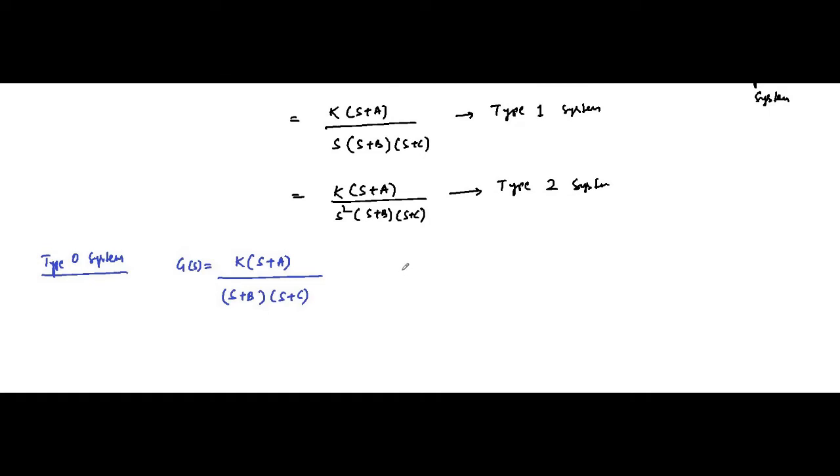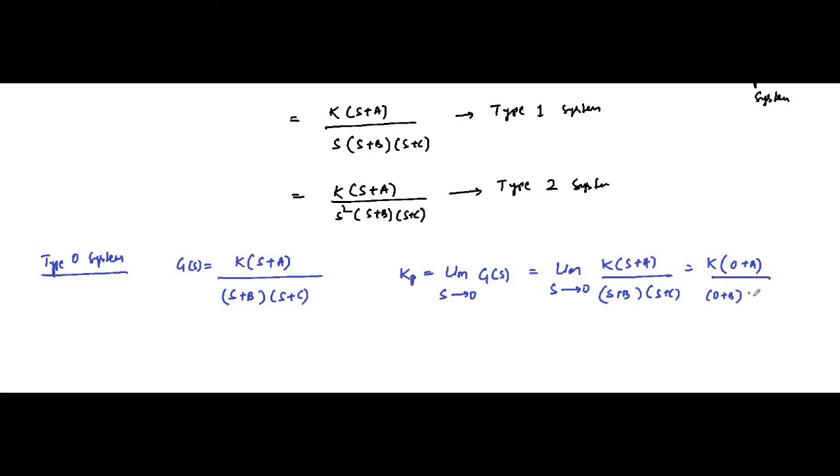So first we'll determine the position error constant Kp, which is equal to limit S tends to 0 G(S), which is equal to limit s tends to 0 k into s plus a, s plus b, s plus c. So it is basically k into 0 plus a, 0 plus b, 0 plus c. So that is equal to ka by bc.